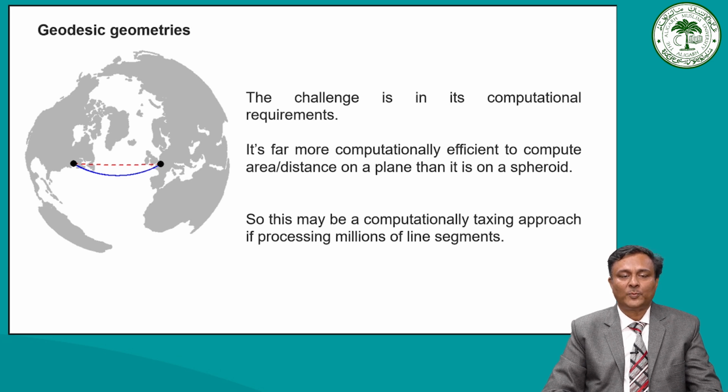But when we are spatially representing any point location or any linear feature or any area feature, then we have to take into consideration many line segments, and then it becomes very tedious and very taxing. However, not all geodesic measurement implementations are equal. Some are efficient algorithms that minimize the computation time, but may reduce precision in the process.